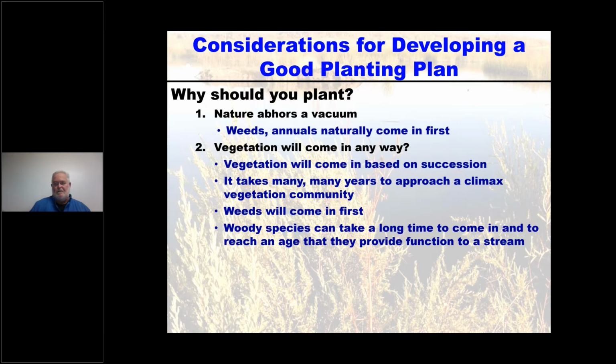Weeds come in first, so just realize that they're going to come in. Make sure that you have a weed control program set up in your monitoring and maintenance procedures so that you're ready when the weeds do come in. And woody species, just remember, they take a long time to come in and reach an age where they provide function for the stream.